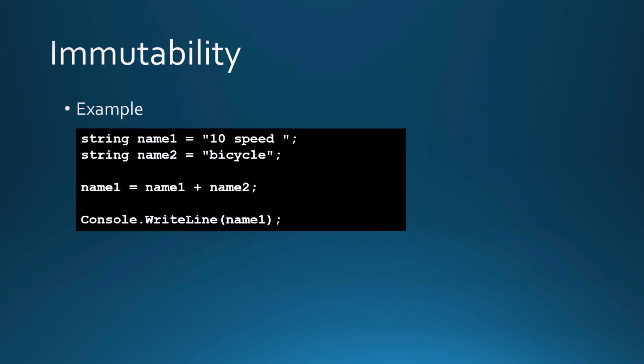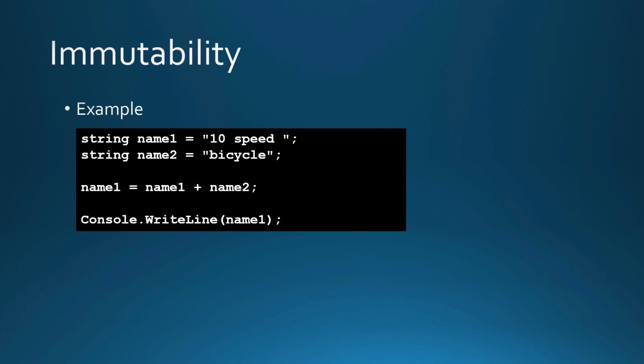Here's an example that can cause memory issues. I have two string variables, one name1, one is name2. They each have a certain amount of characters in them. If we look at this line that says name1 equals name1 plus name2, that's where the problem happens, because what has to happen is the compiler says, wait a minute, you're now changing the value in name1. It creates a new area of memory.